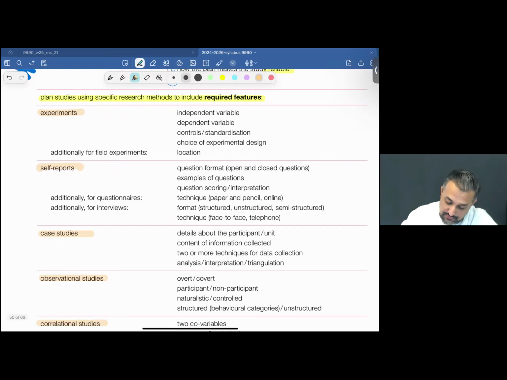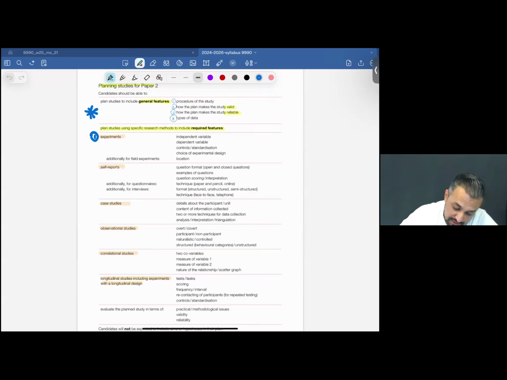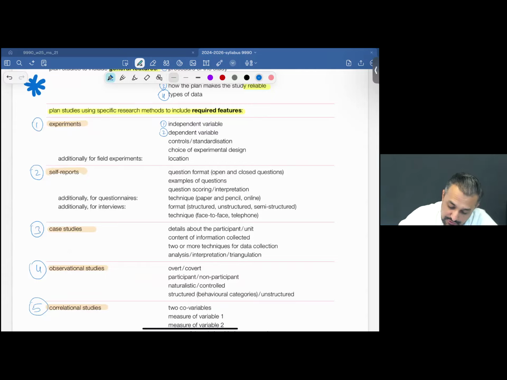And of course, if I stick to the question, and if you haven't attended any class on planning a study questions earlier, or if you haven't taken it seriously, I'd advise you to go back and go through that video. At this point, this is what I can offer. And know that all of these features that you see in front of you, all of them, need to be learned. It's something like this.